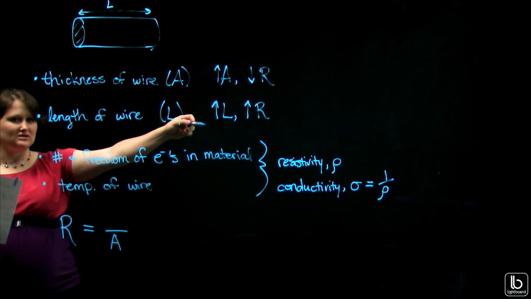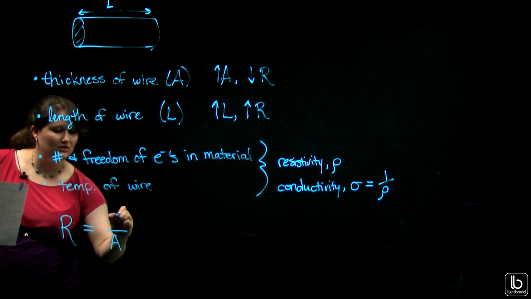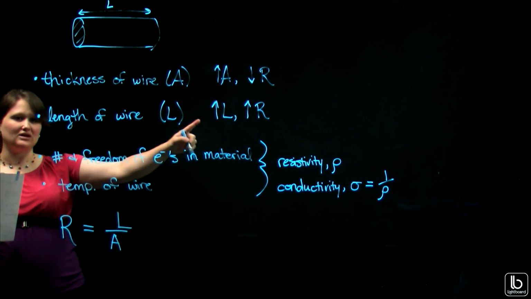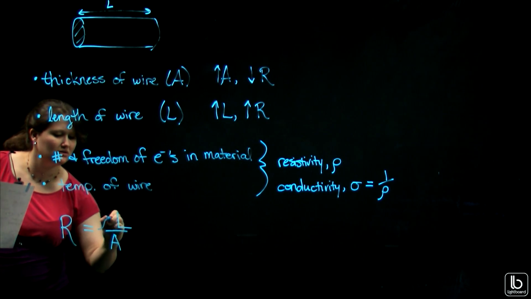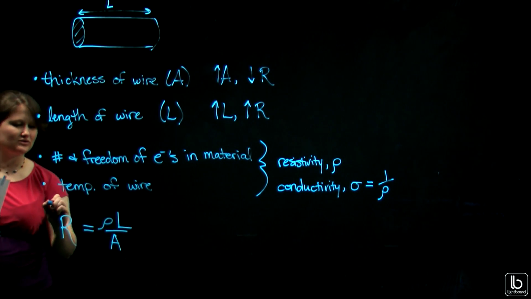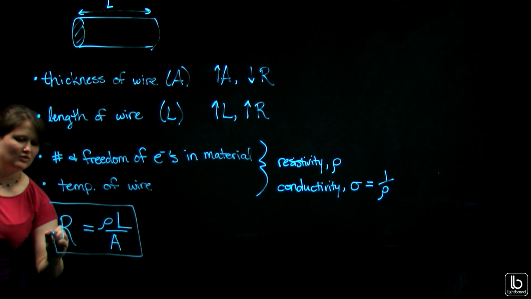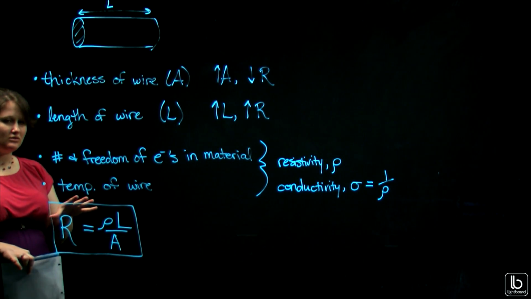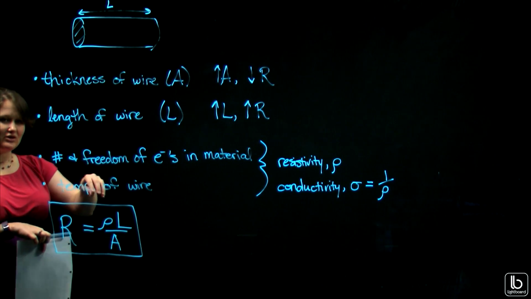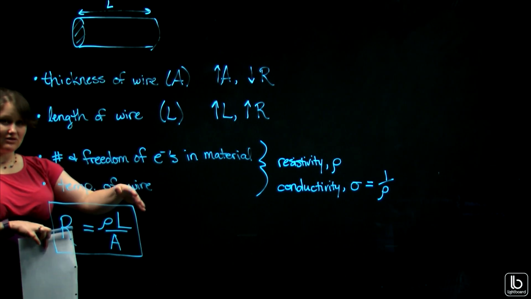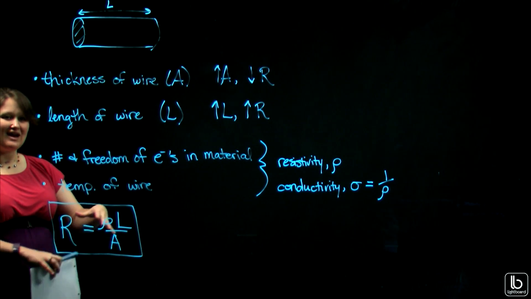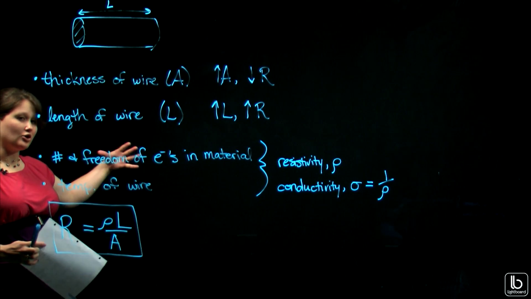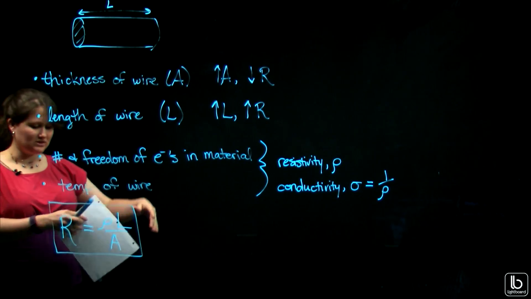My length increases and my resistance increases, then I have a direct relationship. If my resistivity increases, my resistance increases. So this is actually an equation worth knowing. These are the physical parameters that affect resistance: the material itself, the resistivity, the length of the material, and the area of the resistor itself. So again, a larger area means less resistance.